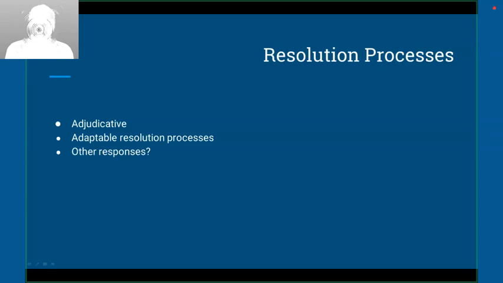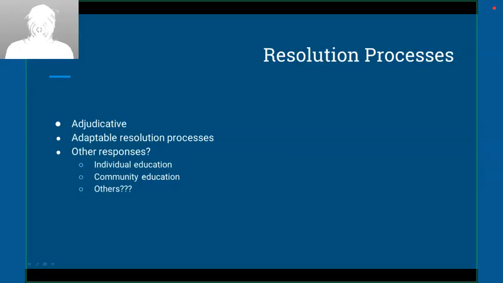So primarily we're talking about adjudicative responses. We may also be talking about some adaptable resolution processes, and sometimes there are other responses like providing individual education, providing education to the broader community, and sometimes others. Again, this idea of a willow tree, where we have our policies and procedures and laws as they are right now, that you have that really solid framework, but you also then have that flexibility to adapt to maybe there's some other response that's the most appropriate.